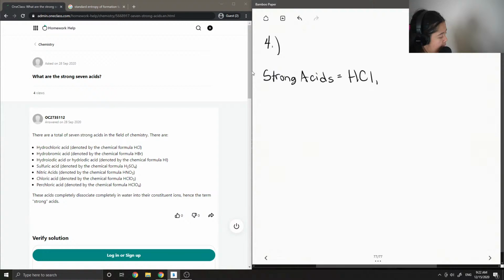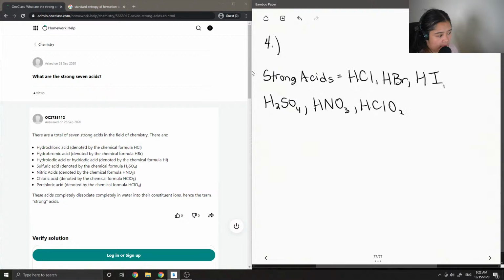We have hydrochloric acid, hydrobromic acid, hydroiodic acid, and then we move on to our polyatomic ions. So we have sulfuric acid, nitric acid, fluoric acid, and perchloric acid.